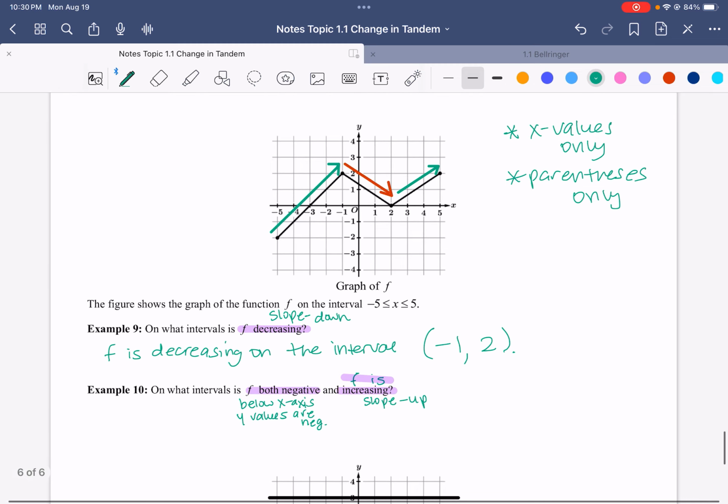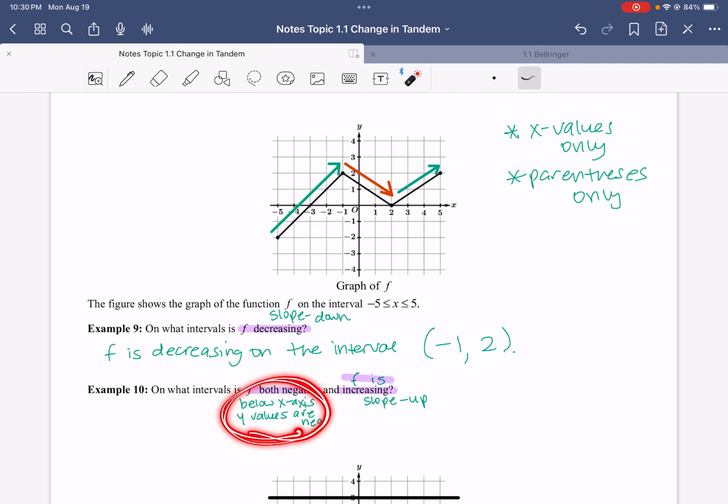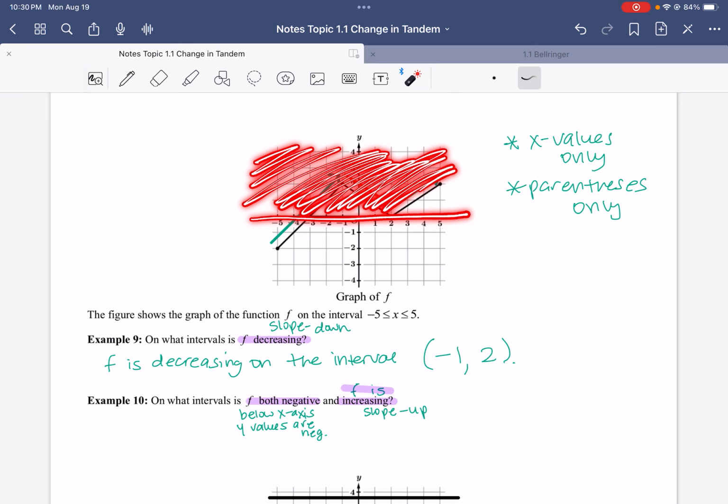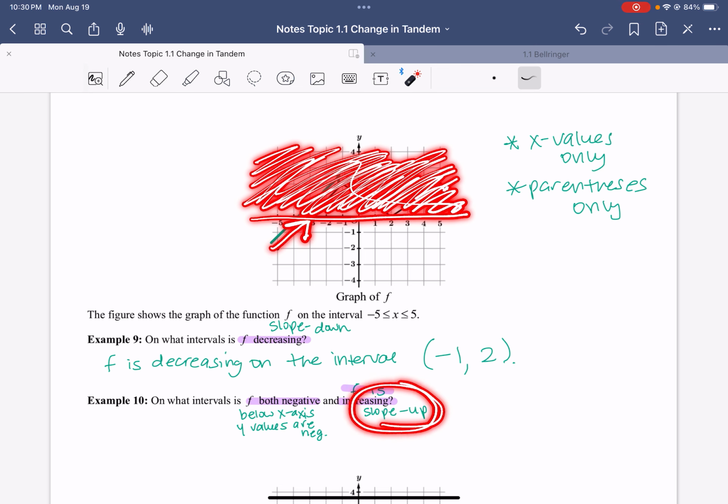Okay? So what I'm going to do is, since I have to be below the x-axis, now on your paper you can use your hand, but I'm going to cover everything that is above the x-axis. You do not want to be influenced or confused by anything else. You should only be looking at what you need to look at, which is below the x-axis. Now, luckily for us, there's only one line segment, which happens to be going up, which happens to satisfy the second condition that we have.